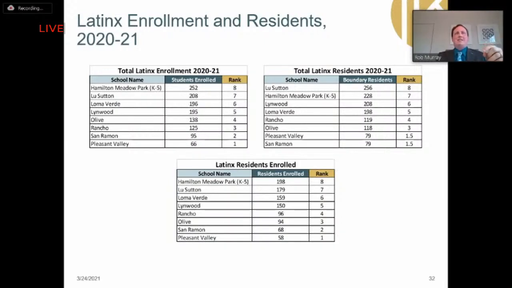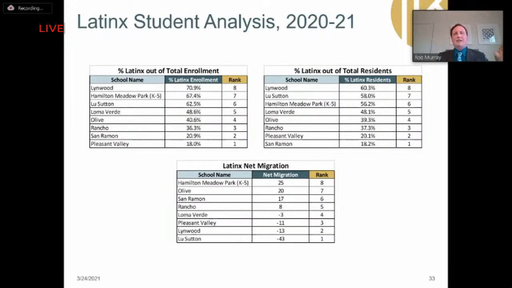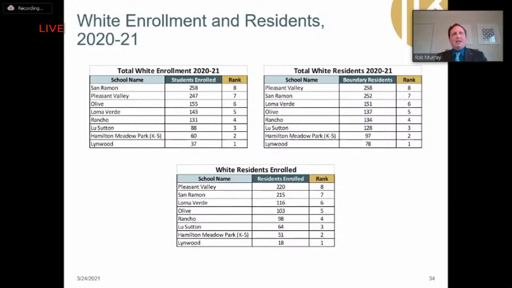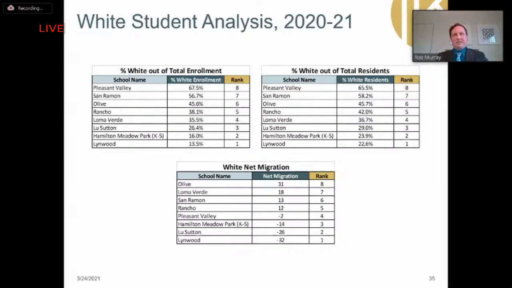And then the same analysis for Latinx students with enrollment and residents, and where schools enroll the highest number of their residents, and then the percent enrollment, percent residents, and that net Latinx migration. And then with the white students, the same analysis with total enrollment and residents, residents enrolled, percent total enrollment, percent total residents, and net migration of white students.